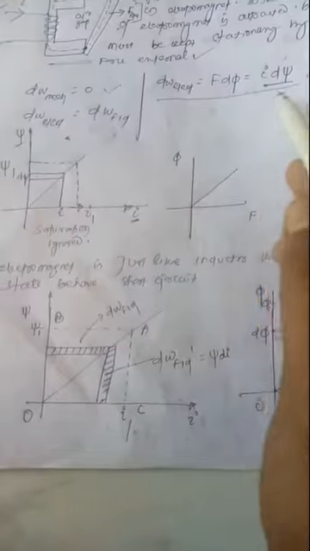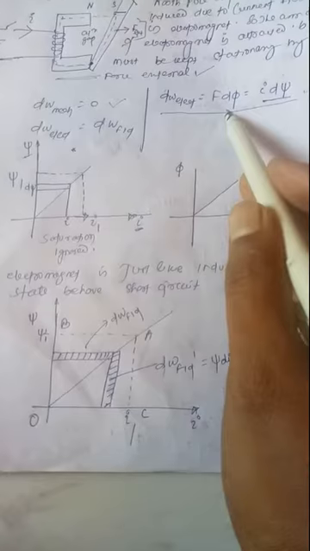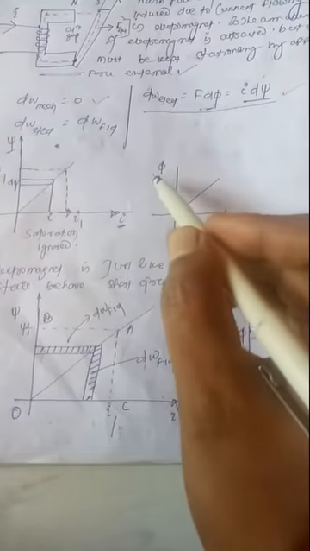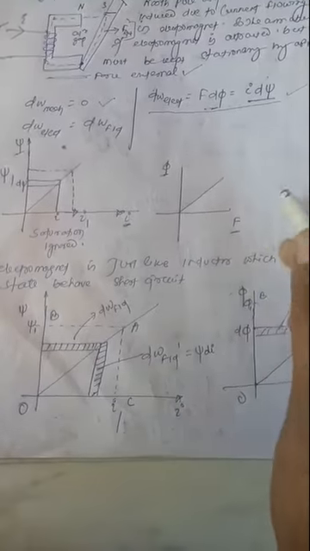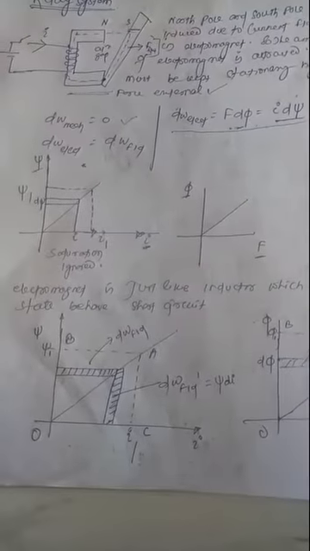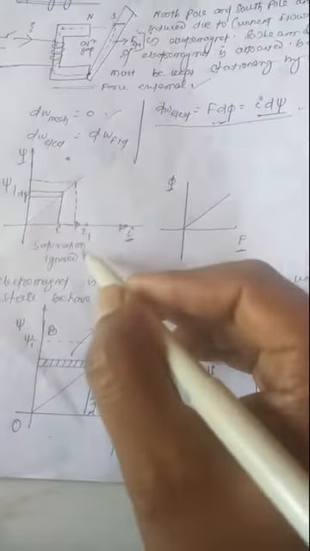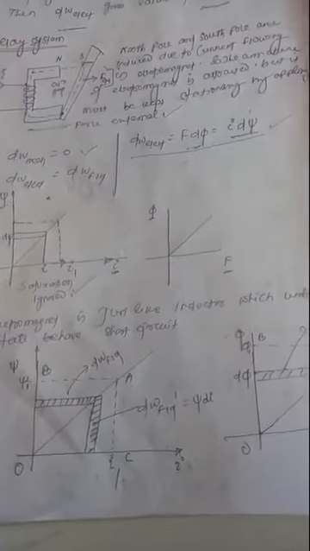This I d psi is obtained from the I and psi curve, and the term F d phi can be obtained from the F and phi curve. F is your MMF, magnetomotive force, equal to Ni. If we assume a linear system, this curve is a straight line prior to saturation. Here saturation is ignored, that's why a straight line passing through the origin can be drawn.